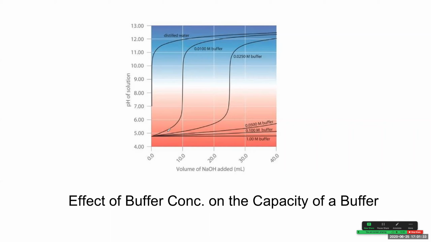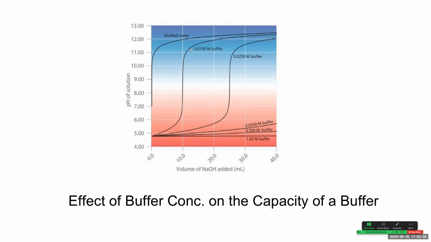It goes up a little bit as you add base because, of course, you add hydroxide ion, you expect the pH to go up. But it doesn't go up very fast until you've used up all of the weak acid in the buffer. And when that's done, you've exceeded the buffer capacity and whoa, the pH shoots right up. It shoots up with just 1 drop.